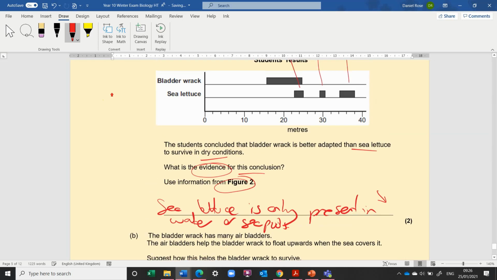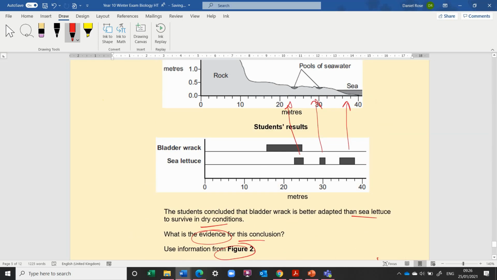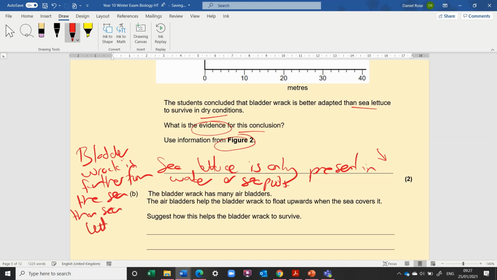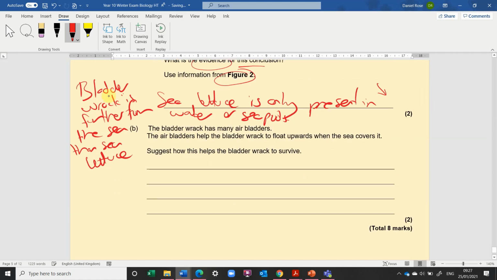And it's 2 marks, so let's be dead clear, whereas bladderwrack is further from the sea than sea lettuce. And I'll go and say, which obviously it's further from the sea, where it's likely to be drier, or there's less water.